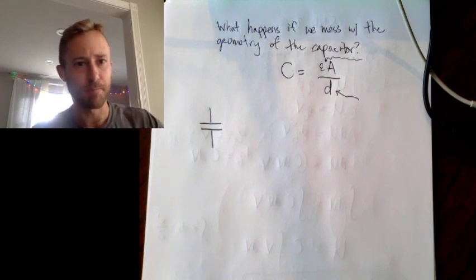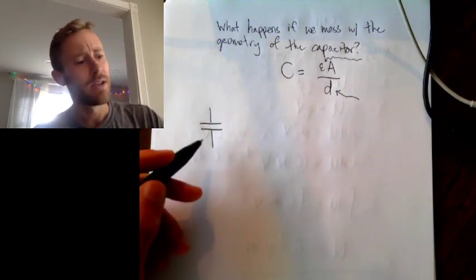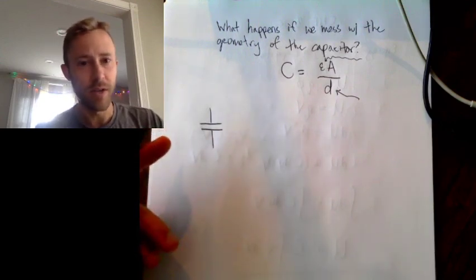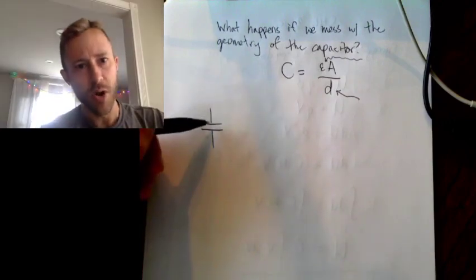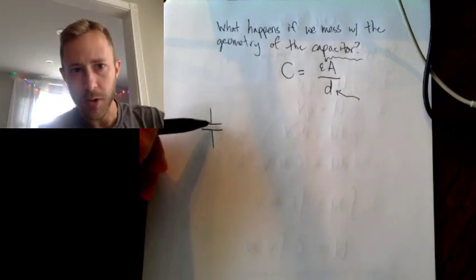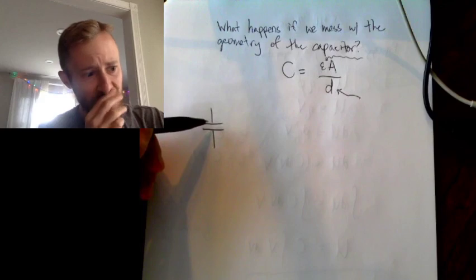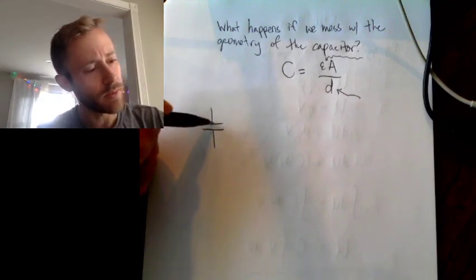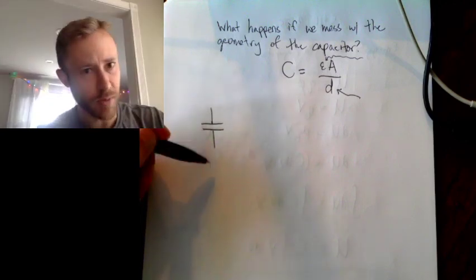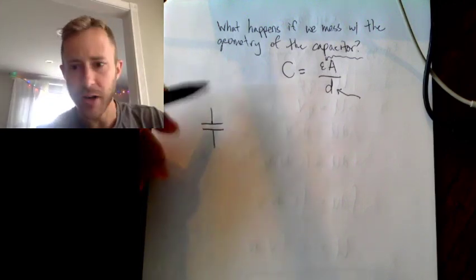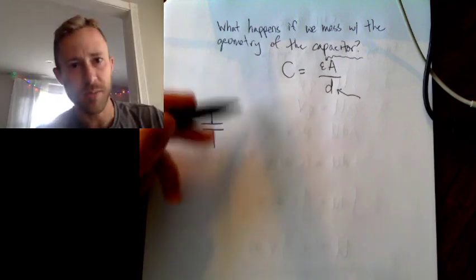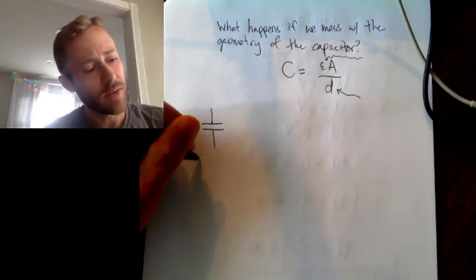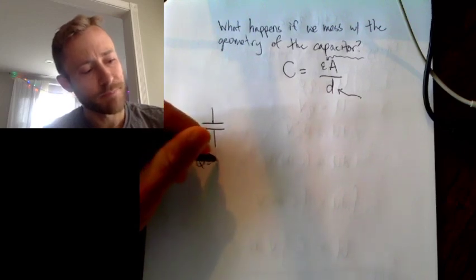So if you have a capacitor that is not hooked up to anything, just by itself, there's no way for charge to get from one side of the capacitor plate to the other. So in this case, you would have Q equals constant.